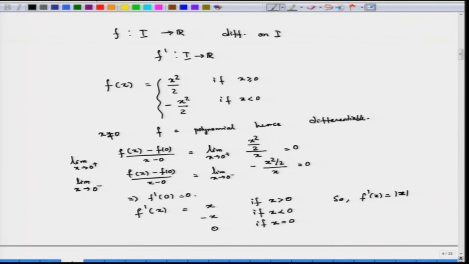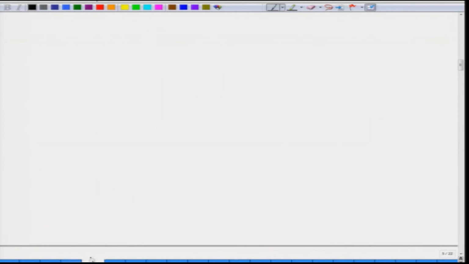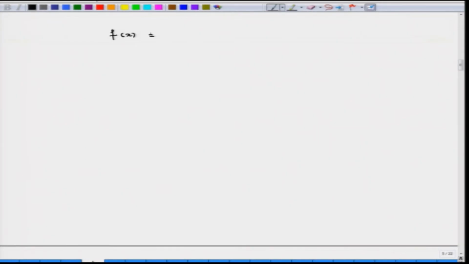Then it will be a little more involved if we want to find a function such that f prime is not continuous. Now, let us look at the function f of x equal to x square sine 1 over x if x is not equal to 0, and equal to 0 if x is equal to 0.